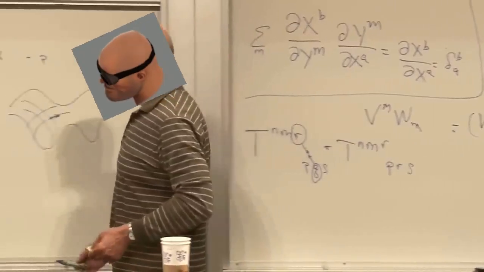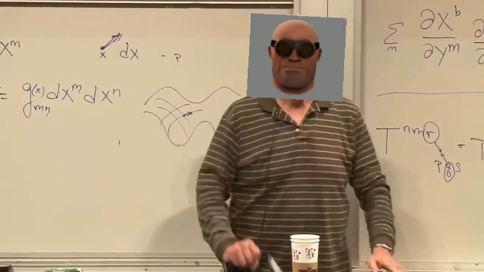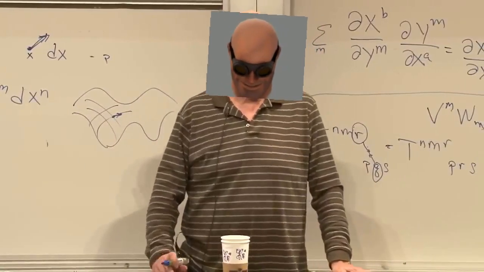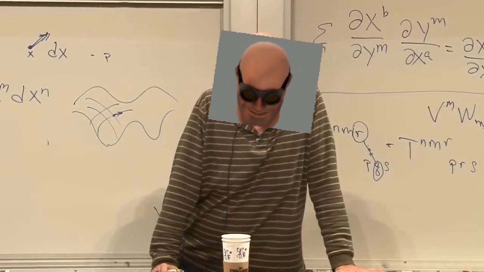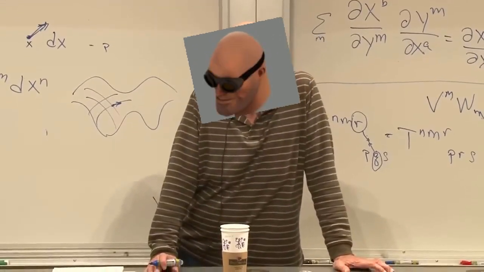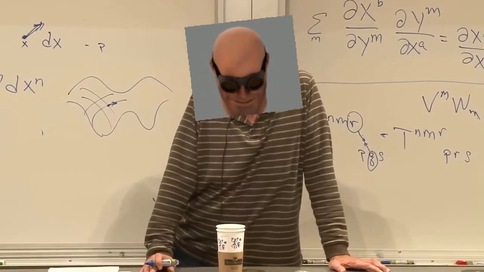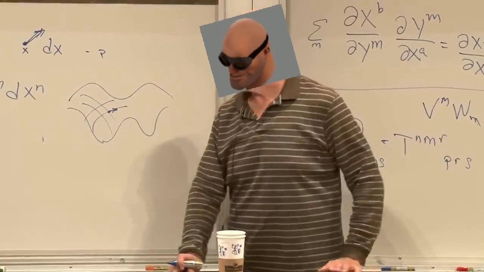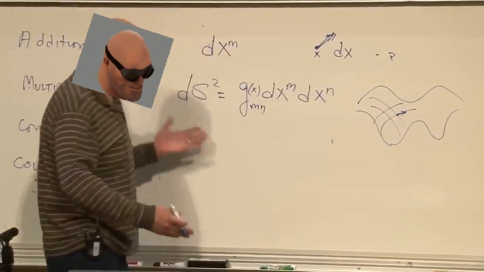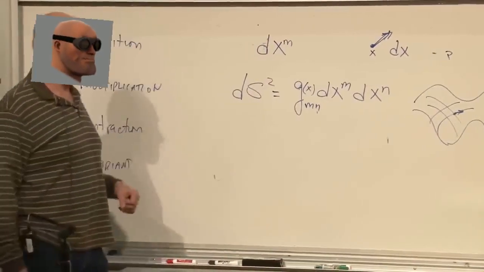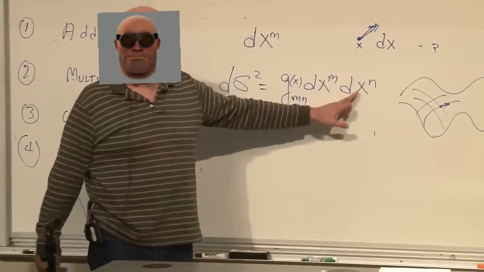But how many independent components are there of this g_mn? Six? 10. See why? Well, to begin with, there are 16. There are 4 x's.